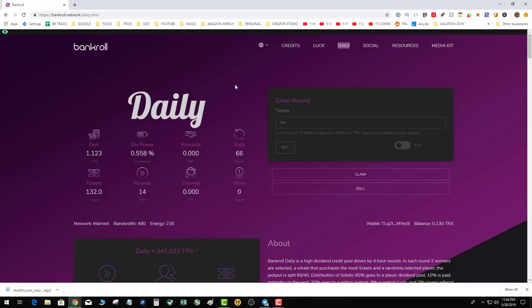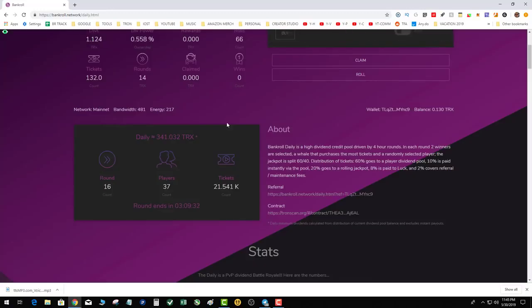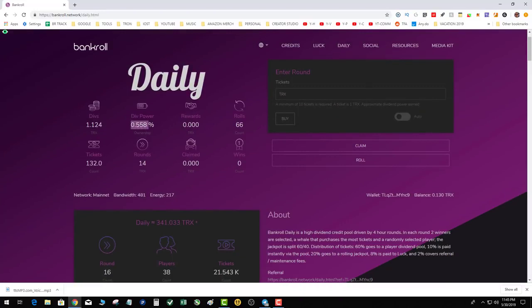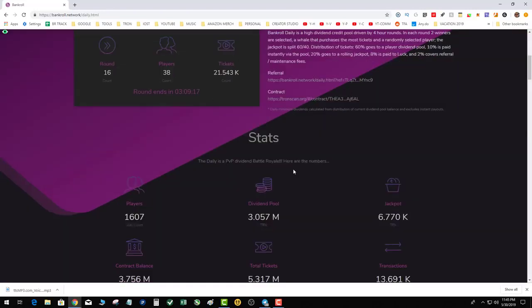First and foremost, the daily is a game where the ultimate goal is to build up your div power as high as possible. And you're like, well, what is div power? Div power relates to the drip from the daily contract, where 2% of the contract dividend pool is paid out on a constant basis.